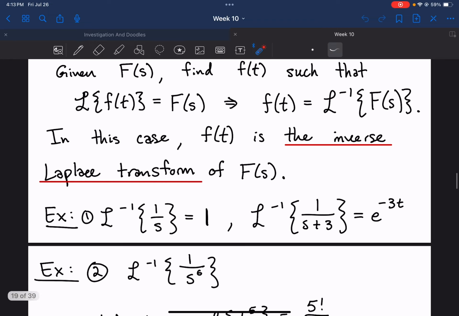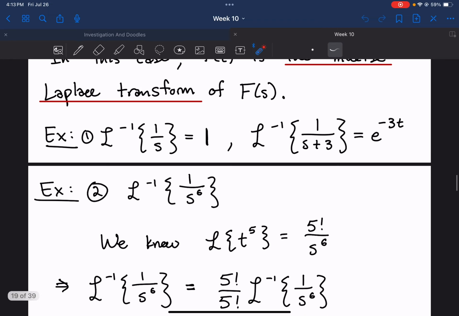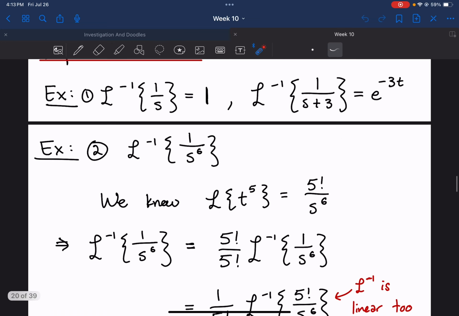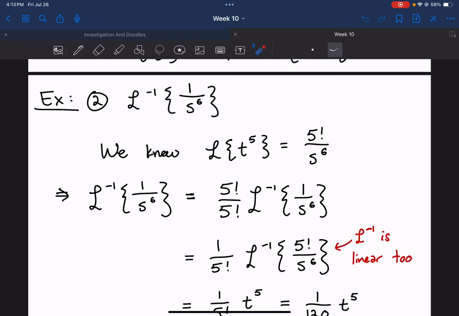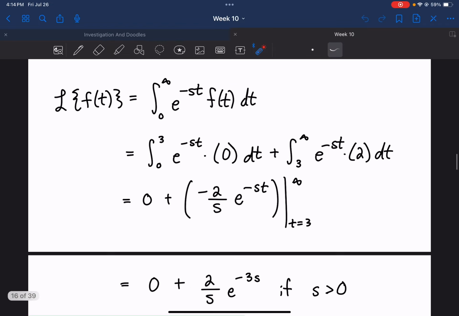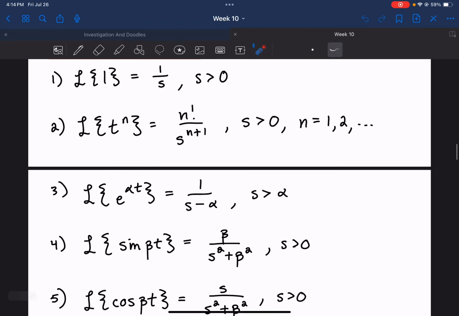Let's look at the inverse Laplace transform of 1 over s to the sixth. We know that we can get an s to the sixth in the denominator if we transform t to the fifth. If we look back up in 7.1, the Laplace transform of t to the n is n factorial over s to the n plus 1.